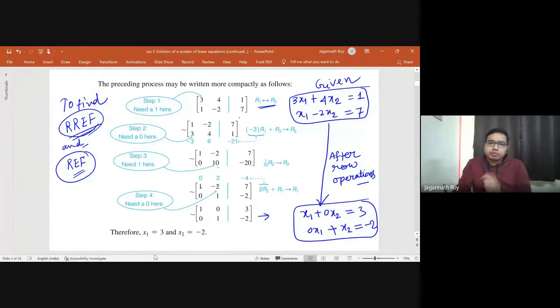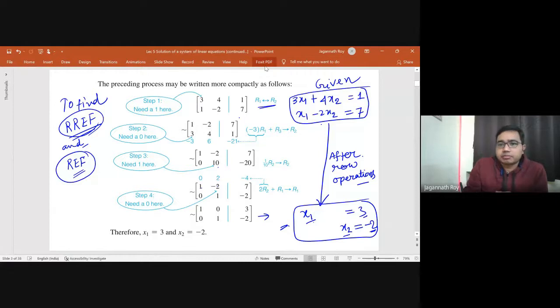So we do some row operations and we reduce the given system into a simplified one. From here we can read the solution directly. So x1 is 3 and x2 is minus 2. So this is how we do it for a 2 by 2 system.